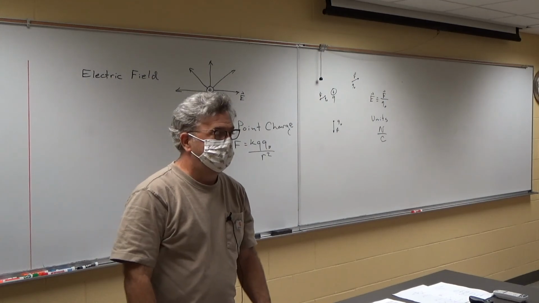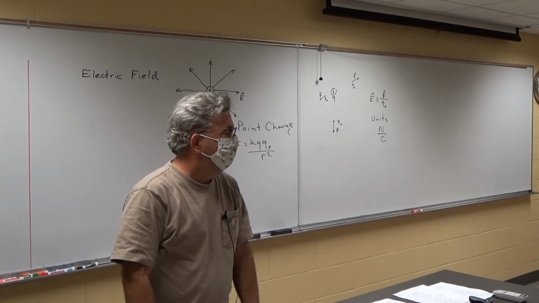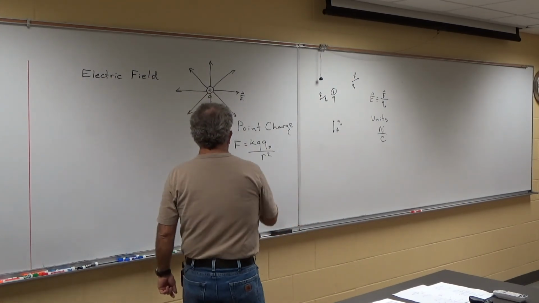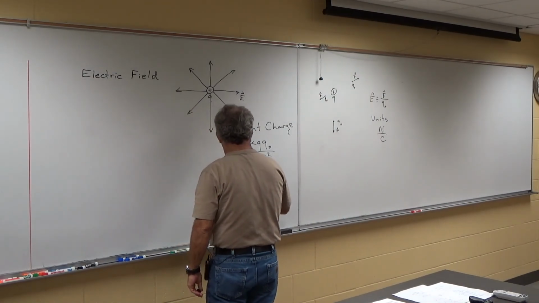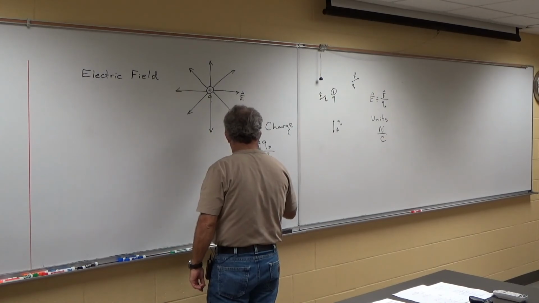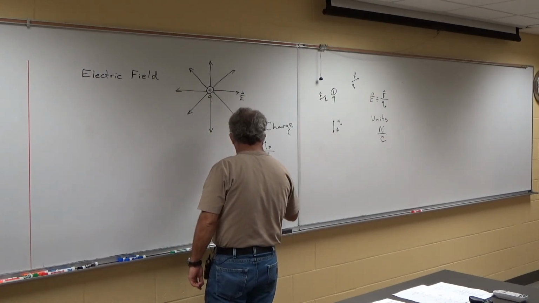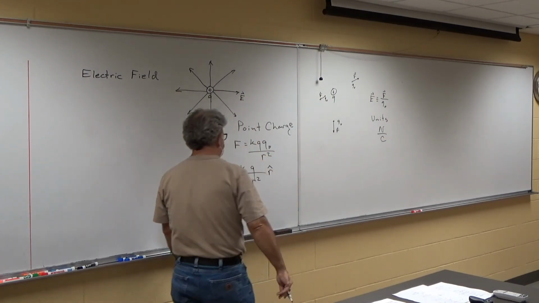By what we've been doing with Coulomb's law. So E as a vector, and it is a vector, is equal to K Q over R squared R hat.